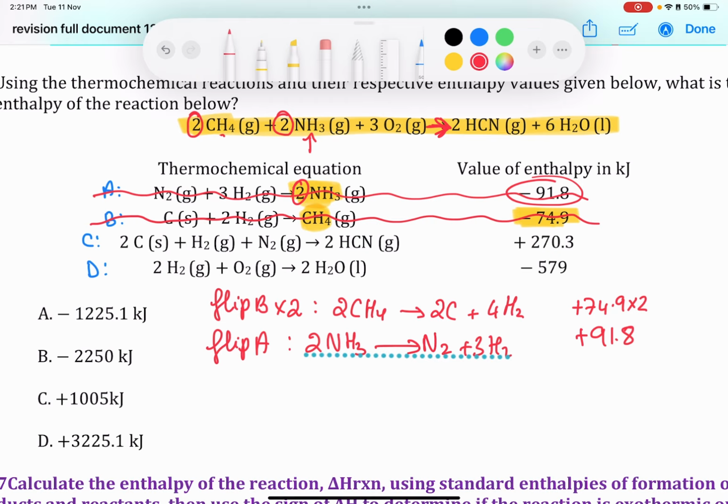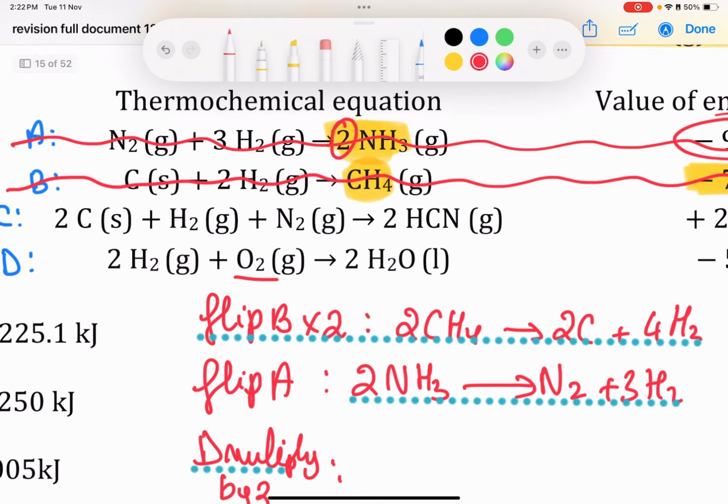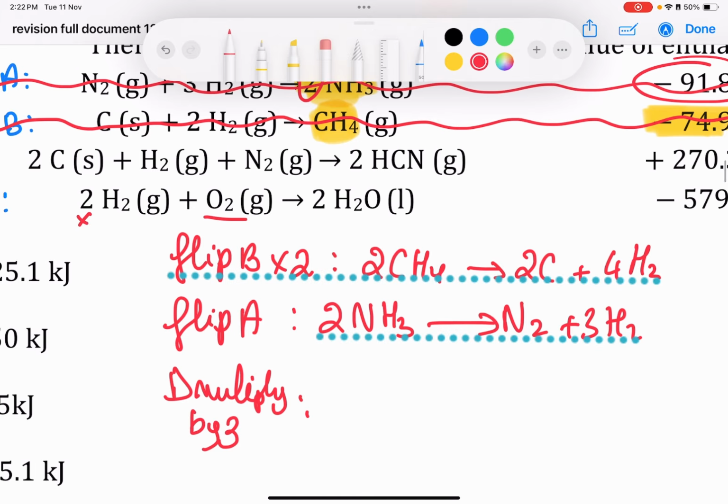Now O2. Where can I find O2? I find it here in D. So I'm gonna multiply D by 3. So 2 times 3, 2 times 3, 2 times 3.